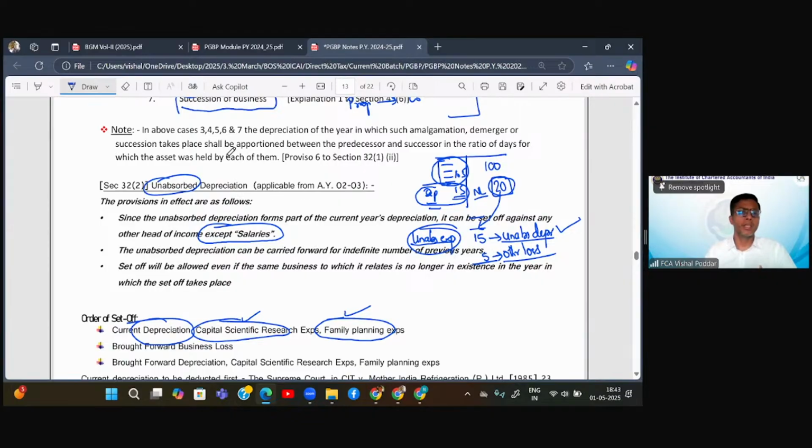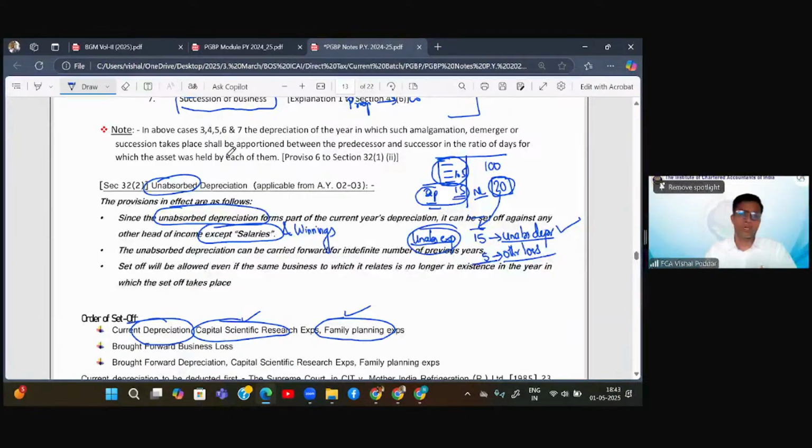So unabsorbed depreciation cannot be set off against income from salaries. You can set it off against HP, capital gain, etc., but not against salary. Also, you cannot set it off against winnings.